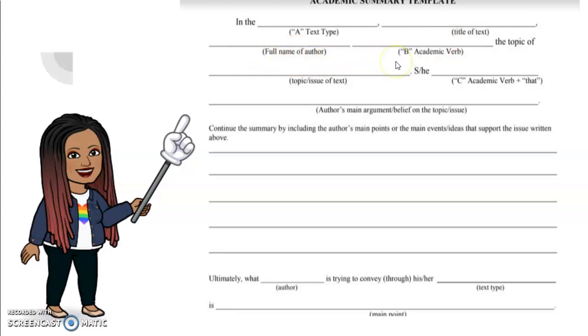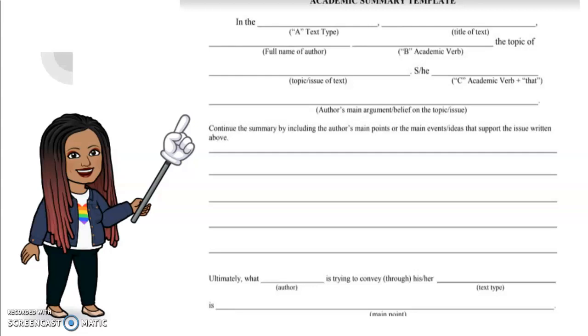Then you're going to go down to B and you're going to pick a precise verb. When we're talking about a precise verb, we are talking about the actions of the writer. We don't want to use "state" because "state" is vague. We want to be clear and precise.